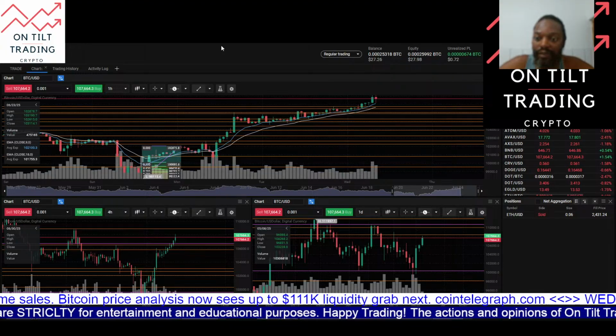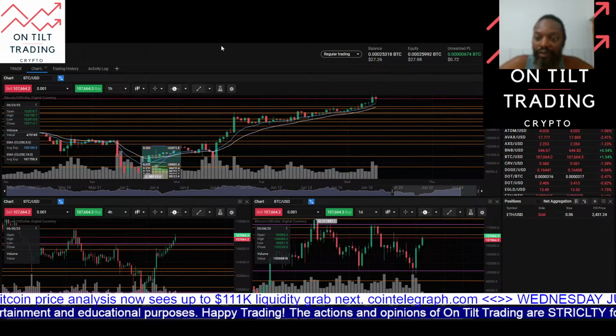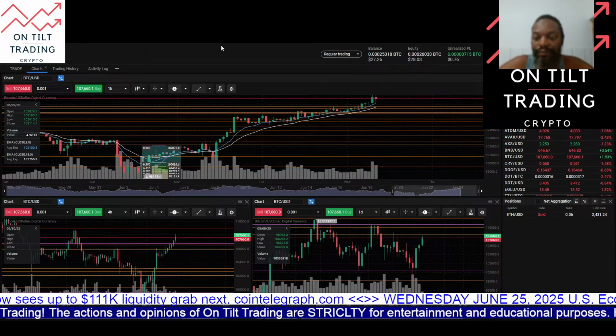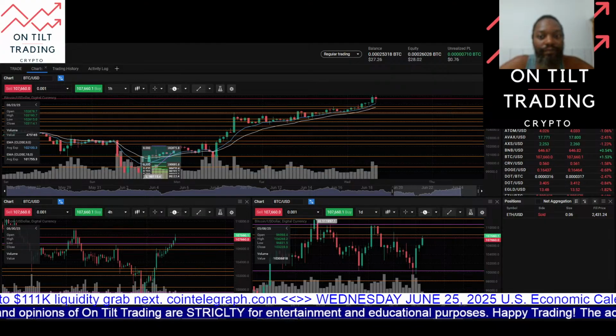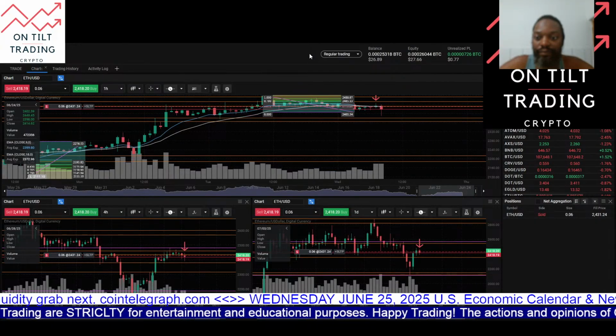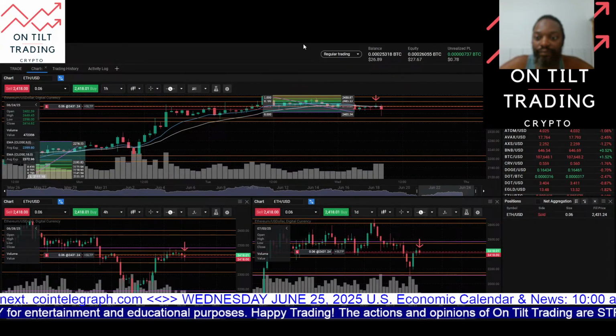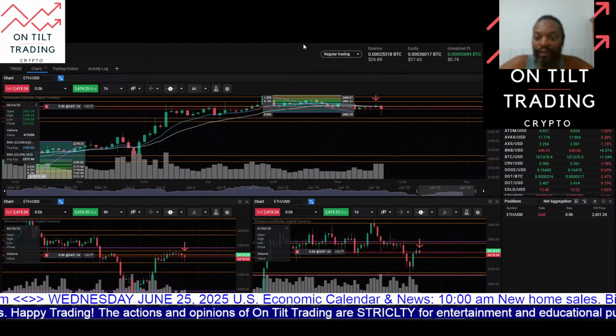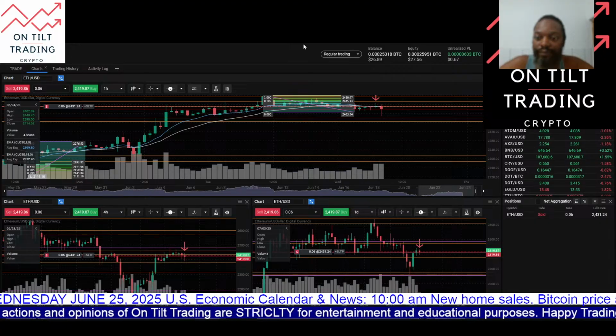Starting to see some sell side delivery. Now trading near the 107,650 level. Price consolidating here in Ethereum.